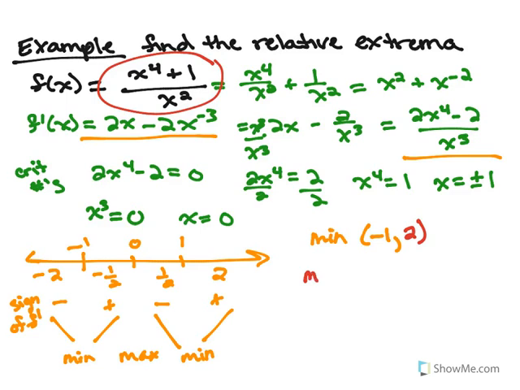Okay, now we're saying we have a max at 0. What happens if we plug 0 into our original function? We get 1 over 0.